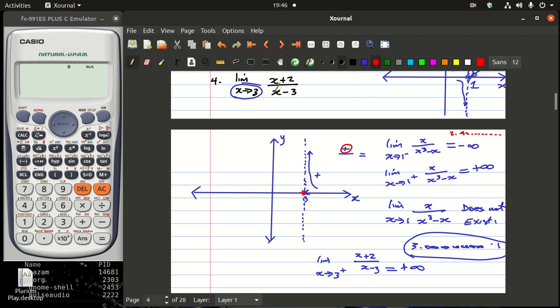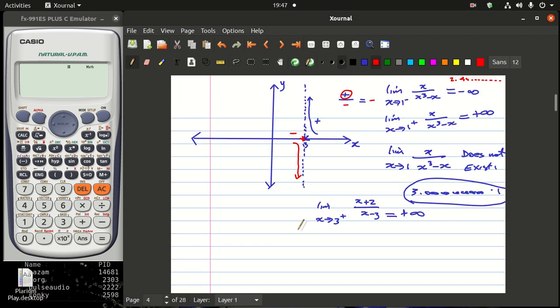So subtracting 3 from a smaller number, I will get a negative answer. So I will get a negative. Positive divided by negative is negative. So on this side I have a negative, which means our function is actually going all the way down.